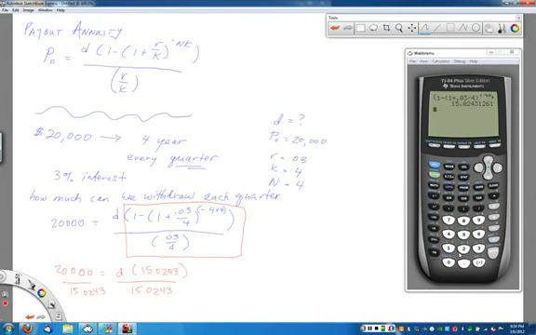So here I've got 20,000 divided by, I'm just going to use the second negative to bring up the previous answer. And what I end up with is $1,331.18 that I can withdraw every quarter to apply towards tuition.